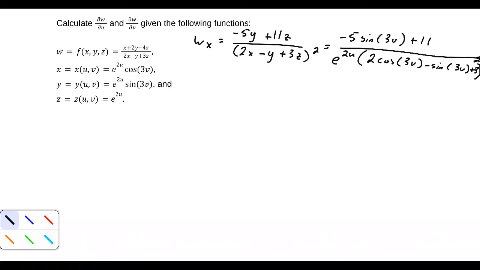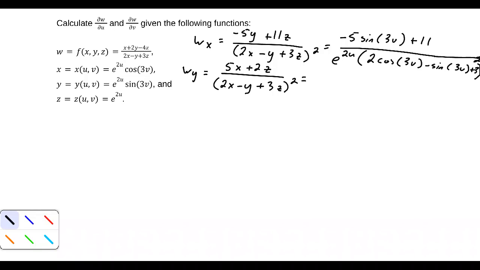All right, next, we have wy, which, using our quotient rule, is equal to a numerator of 5x + 2z over a denominator of (2x - y + 3z) squared.